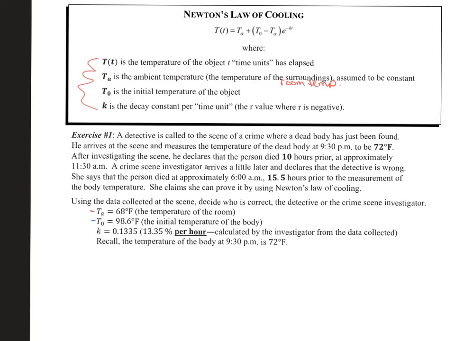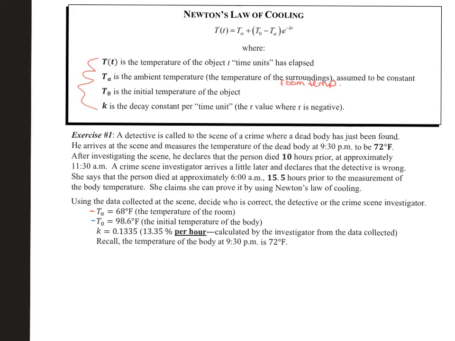K is the decay constant. So it is the rate at which there is a decay. So this has been found for you. It's lucky when they give it to us. It makes life easier, okay? So they're saying 0.1335 or 13.35% per hour, and that was calculated by the investigator from the data collected.